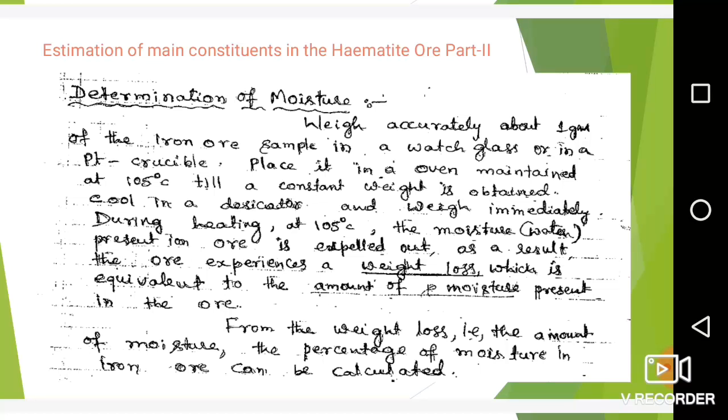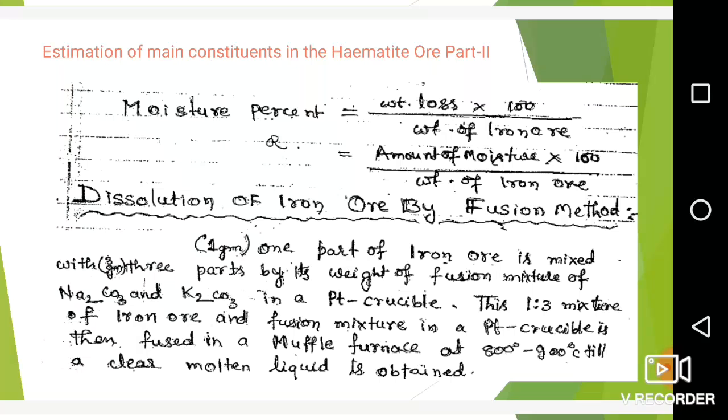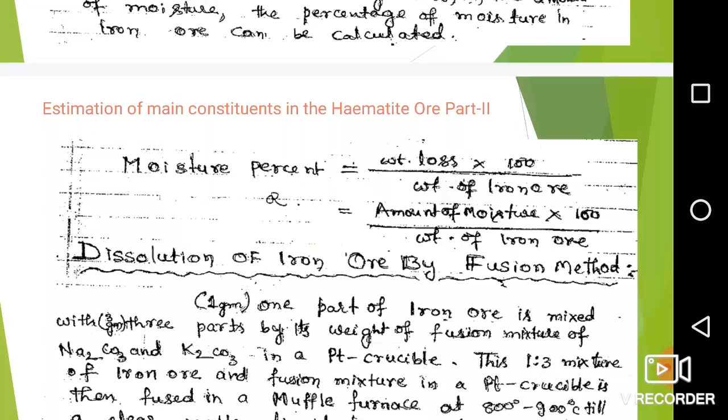So from the weight loss, that is the amount of moisture, the percentage of moisture in iron ore can be calculated simply with the formula: moisture percent is equal to weight loss into 100 divided by weight of iron ore, or amount of moisture into 100 divided by weight of iron ore.